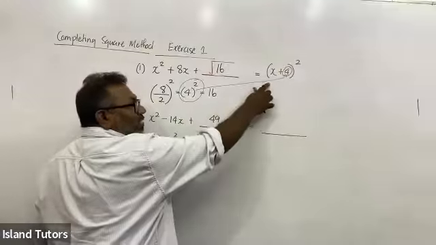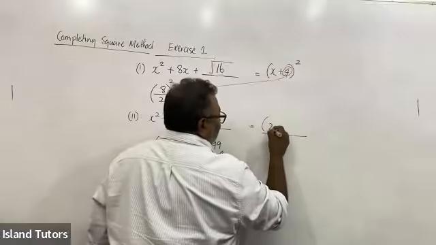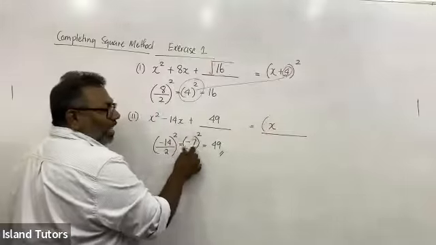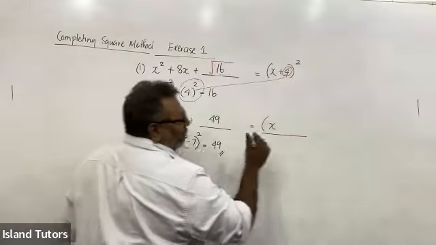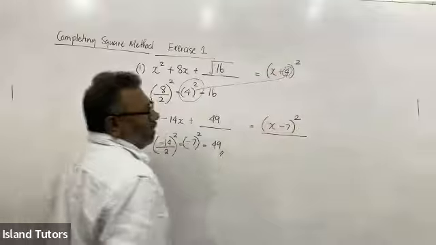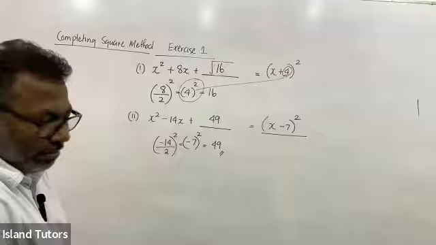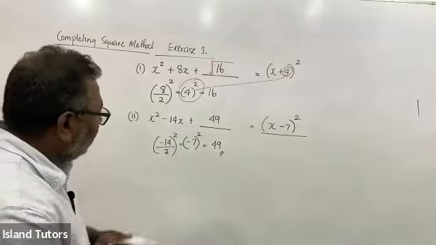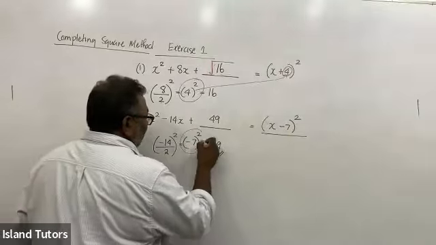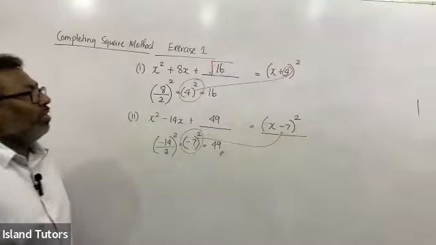How do you rewrite this as a square term? We know x squared. So x minus 7 will come here, and squared. Followed? This minus 7, you're going to fill it in over here.